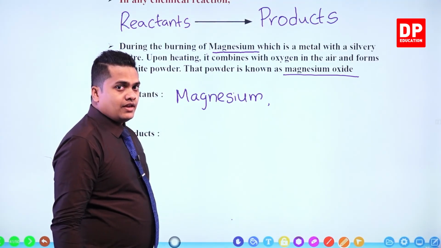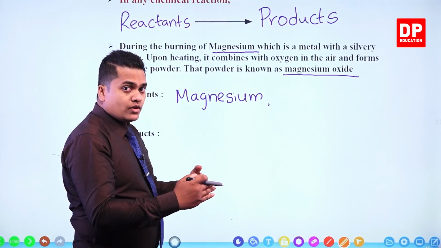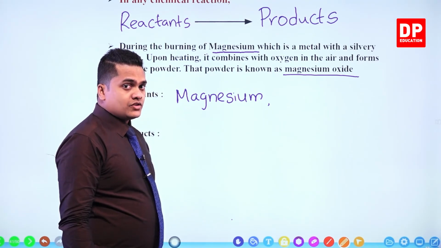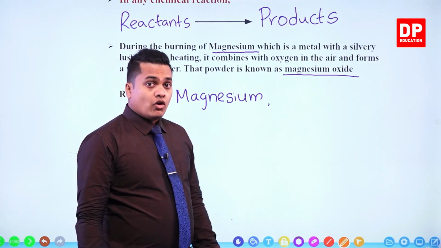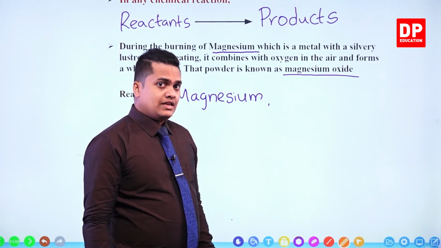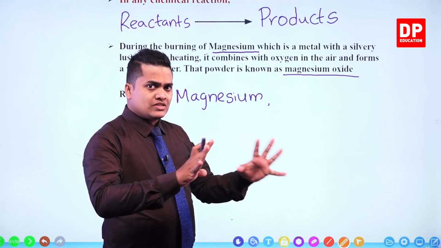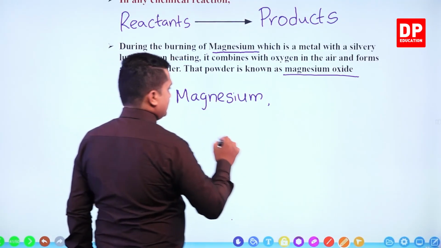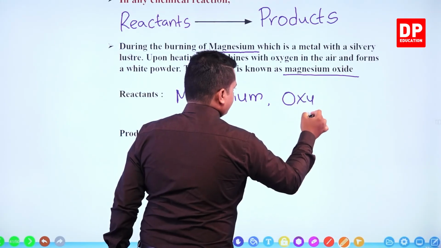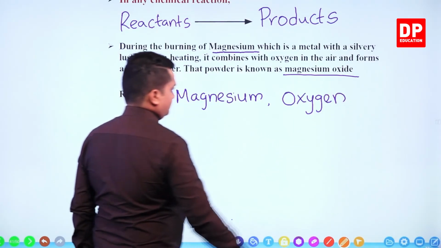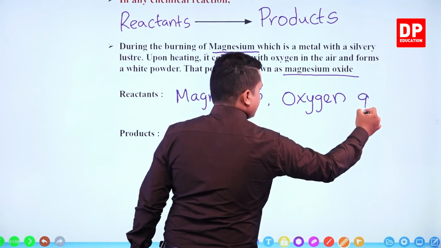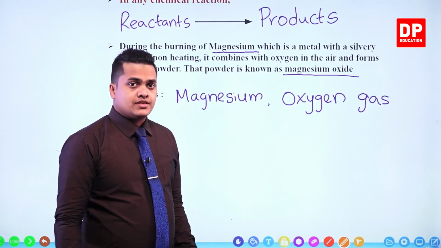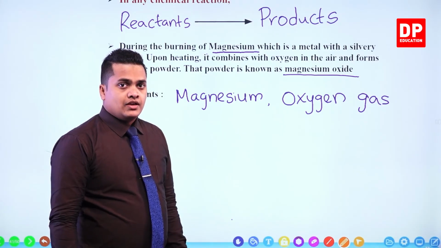And when you heat it, heating means combining with oxygen. So there was oxygen in the system as well initially. Those are two different substances: magnesium, then oxygen gas. These are the two different substances contained within the system.